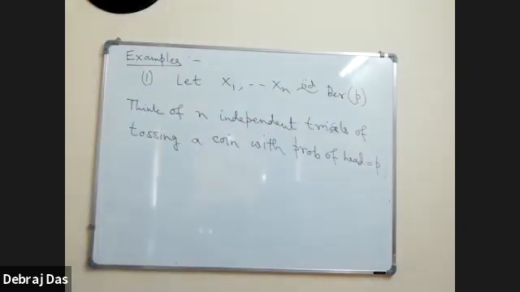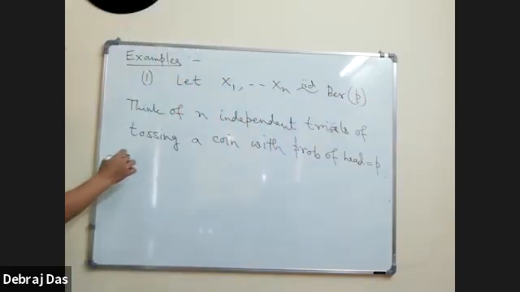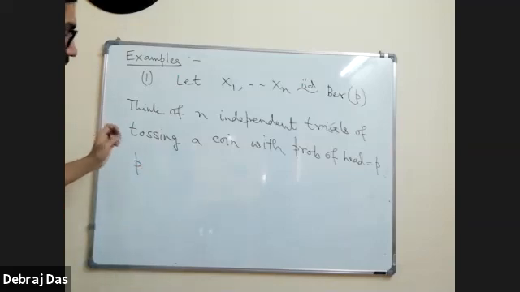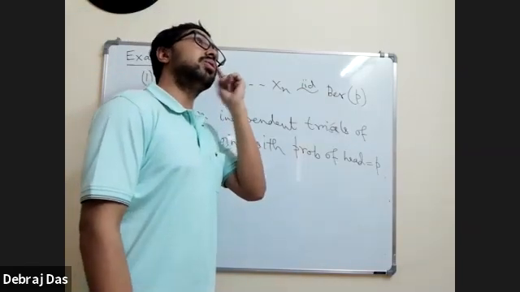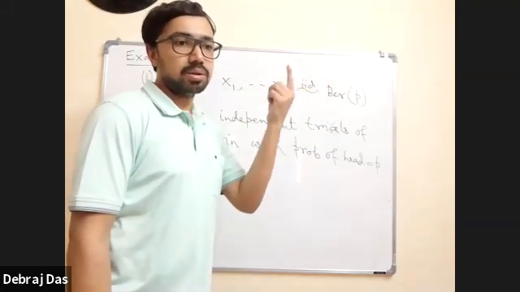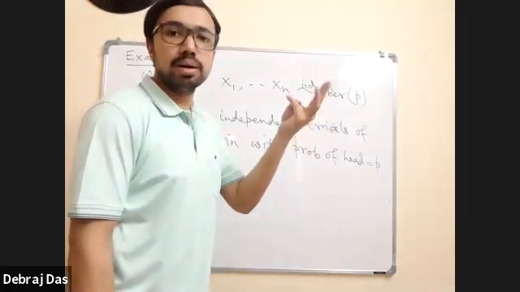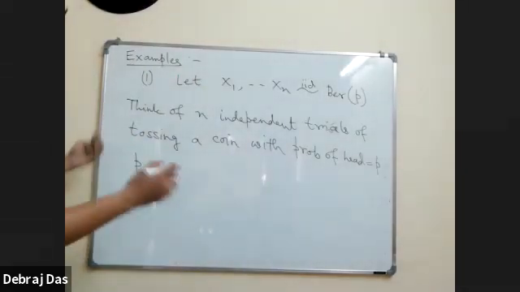Okay, so in that case, if you want to infer about this P, what is P? You know the three definitions of probability, right? One is the classical one, the second one is the relative frequency, or I think the asymptotic one, and the third one is the measure theoretic one. So if you recall the second one, what is the second one?